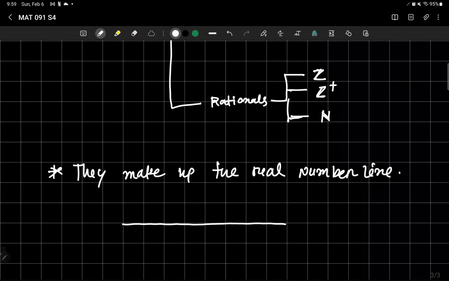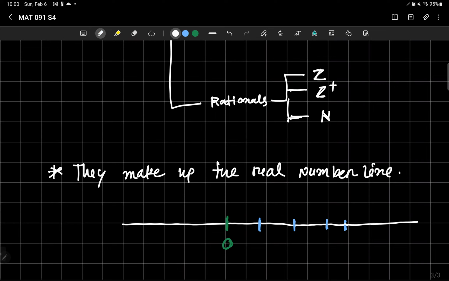You draw a straight line like this. You put a 0 over here somewhere. Let's switch to another color, maybe that will be better. Then the positive numbers are denoted on the right side, and all these units are equal, units of 1. If this is 0, this is 1, this is 2, this is 3, this is 4, 5, 6, 7.